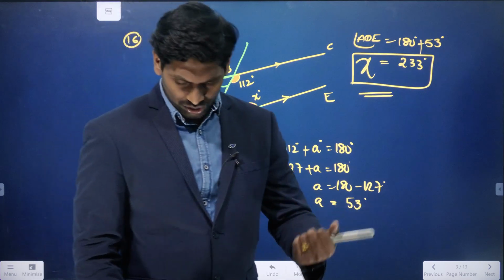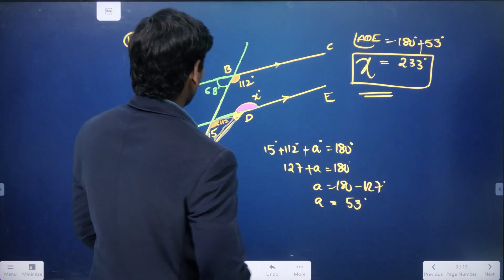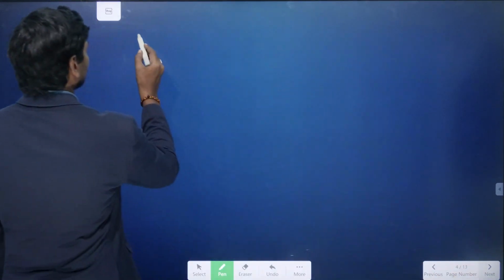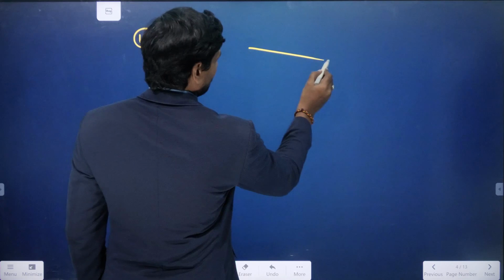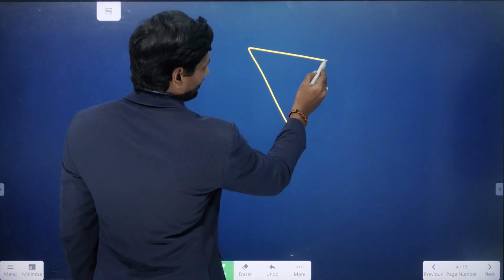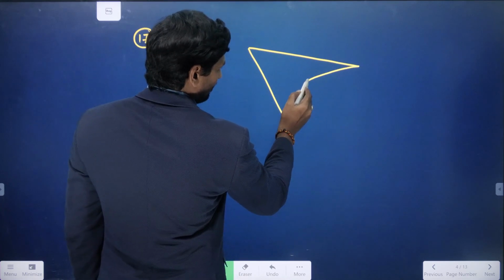Okay, let us go to the next problem. Yeah, the 17th one, from the figure. So A, B, C, D. The shape is given like this.